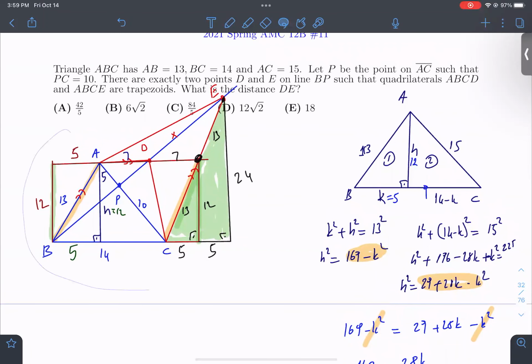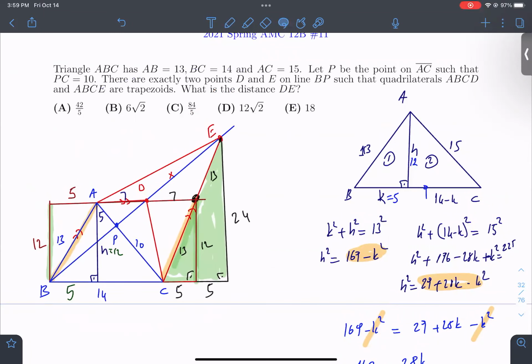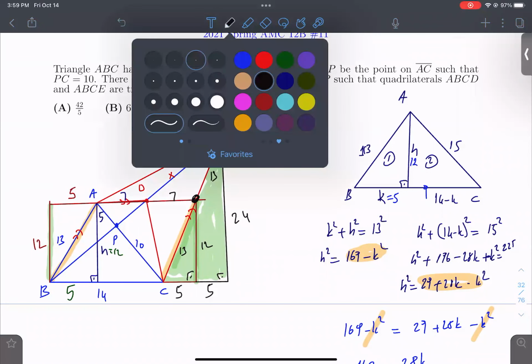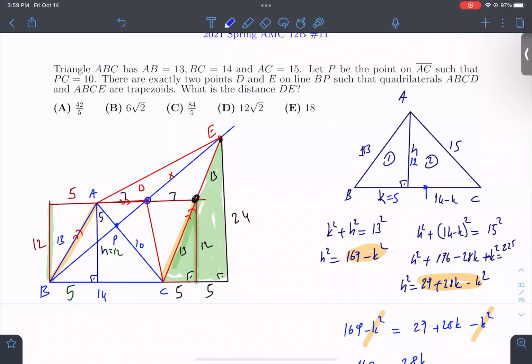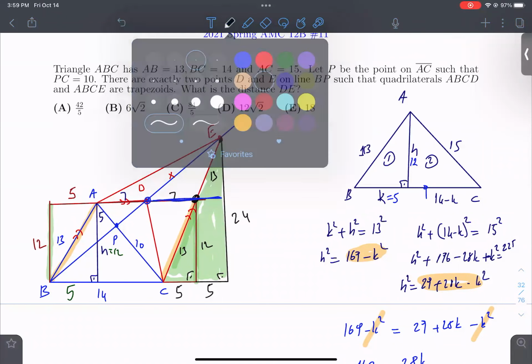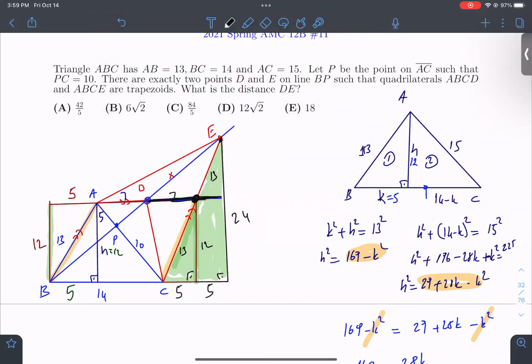Let me take it a little bit down here. We are looking for the distance DE, and if I figure out this length and this length here, I can use the Pythagorean theorem and then find my distance.